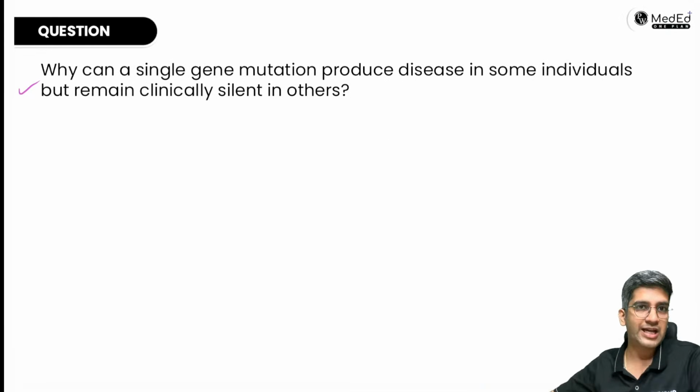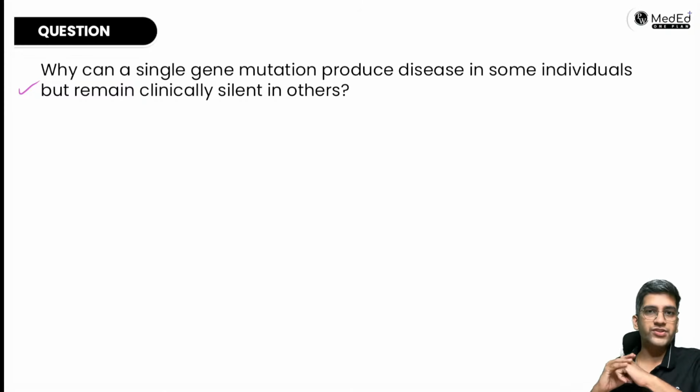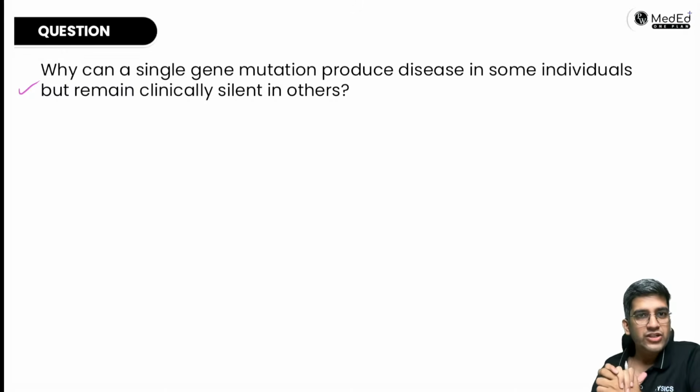Can anyone tell me what's the answer for this? It's just a reasoning why question. Why? There are lots of answers for this. If you write even one, that is enough for me. Why can a single gene mutation produce disease in some individuals but remain clinically silent in other individuals?